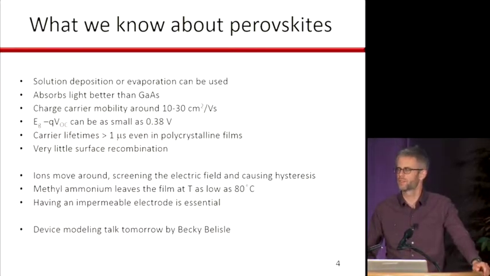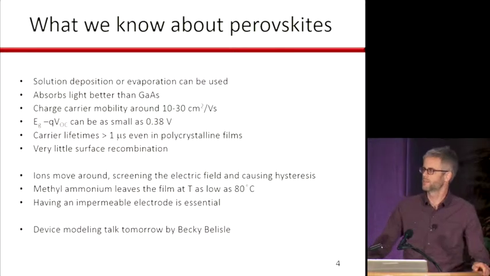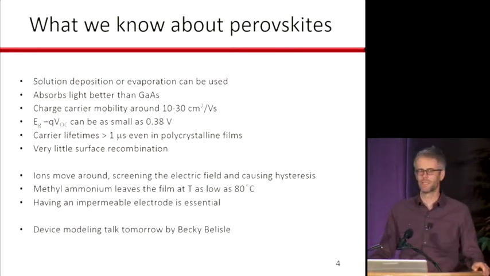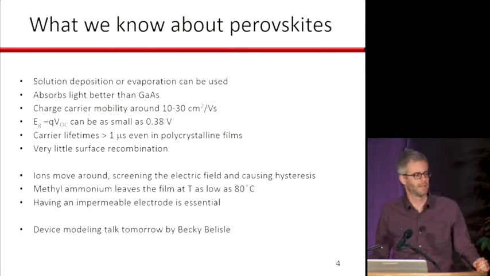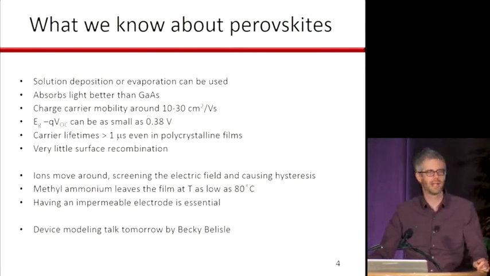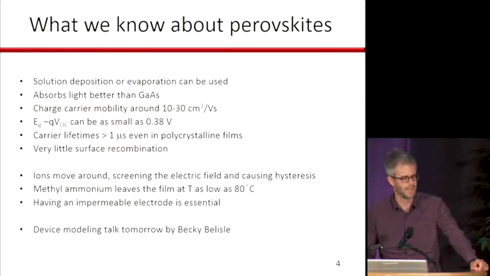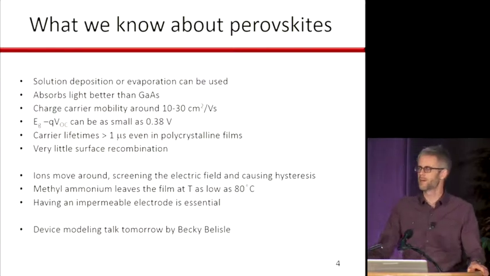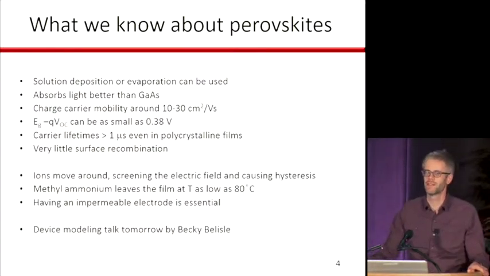The voltage of any semiconductor depends on the band gap, so a good figure of merit is to take the band gap energy and subtract the charge of an electron times the open circuit voltage. Gallium arsenide is the best at about 0.28 volts, and here this is 0.38 volts. Cadmium telluride has been optimized for about 30 years, and it's more like 0.5 volts.